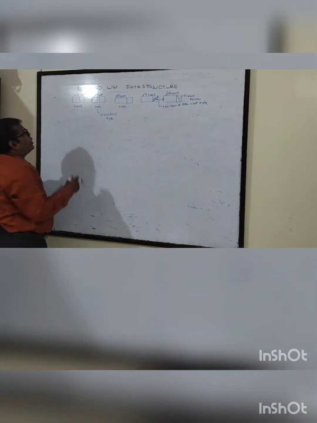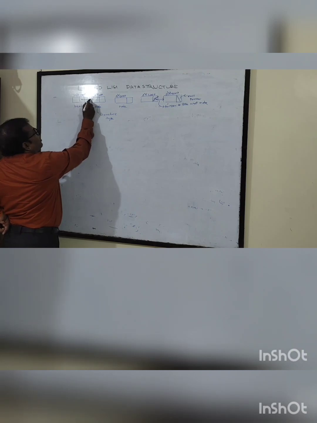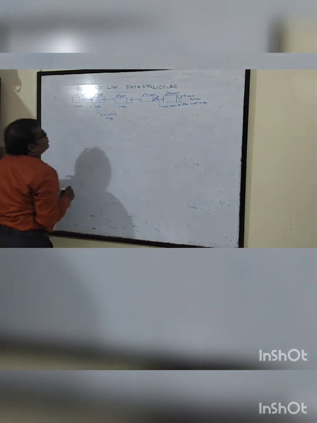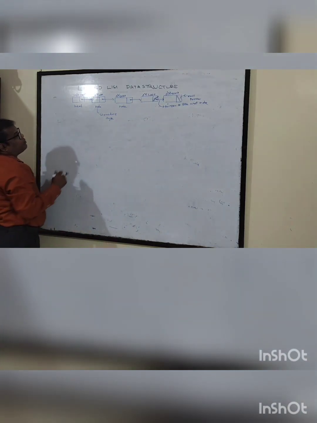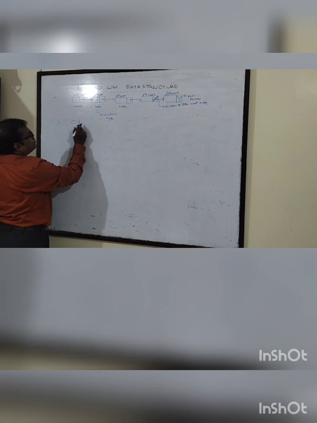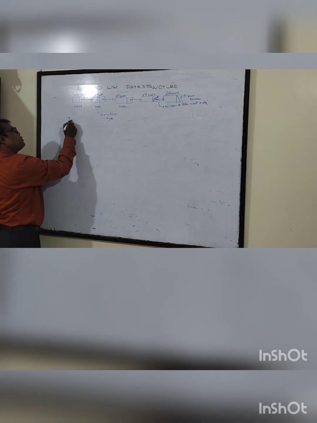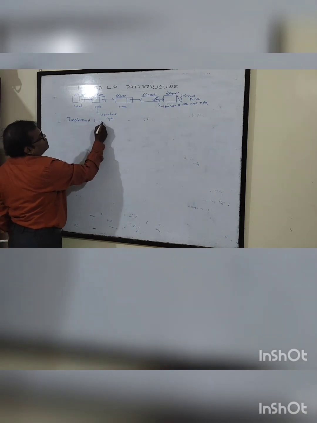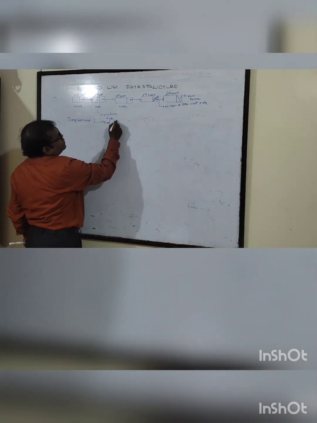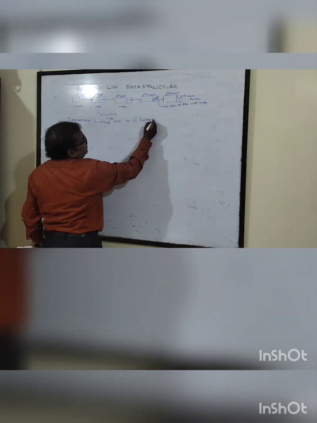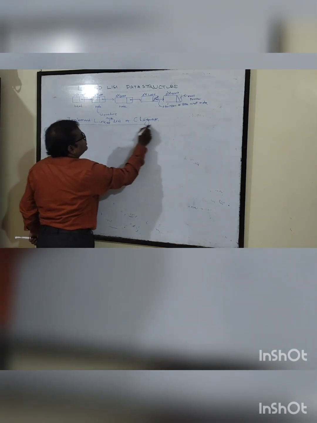Now you have to give the connections like this. Now what are we going to do? As I told you, we are going to implement a linked list in the C language.